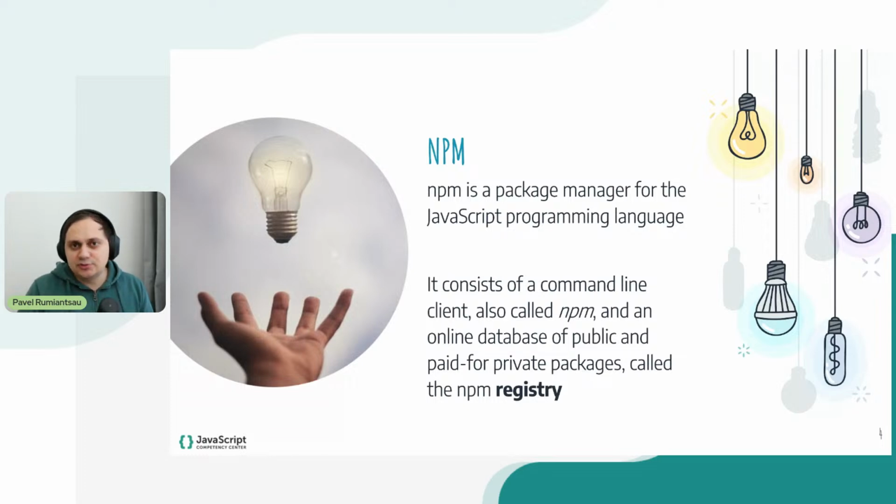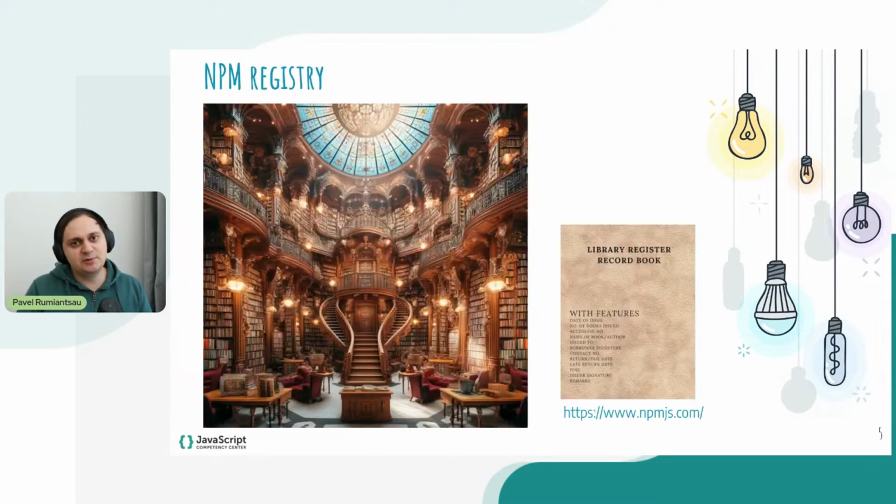So if you try to find some way to describe what NPM is for people who don't know programming, most probably it will be something like a giant library. You have a lot of nice books. Some of them are not very nice. And you have a register record book, something that stores all the information about where you can find some specific books.